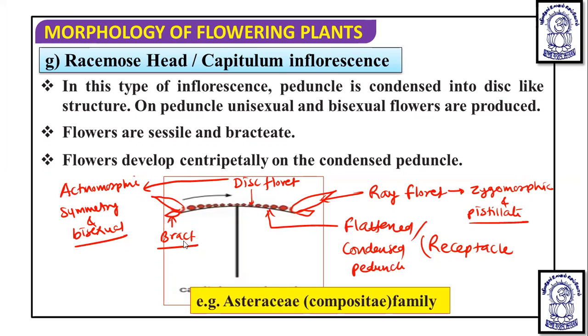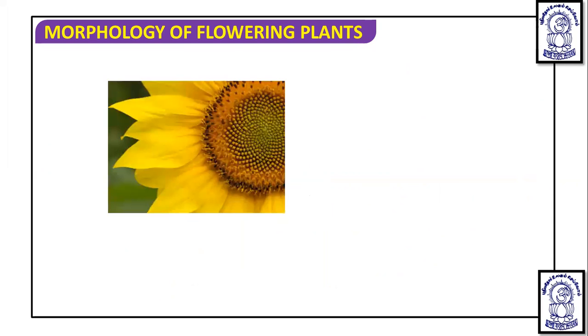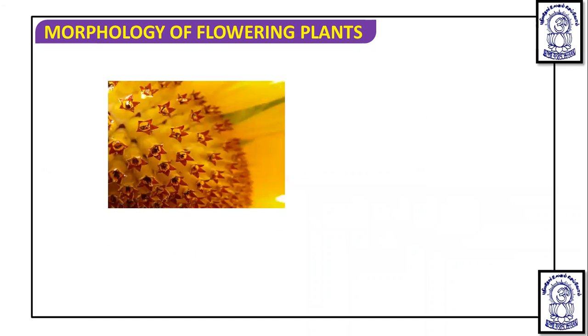So sunflower is an example of the Asteraceae family. The Asteraceae family is also known as the Compositae family. See, whatever the yellow colored part you see is known as the ray floret, and this is the disc floret.